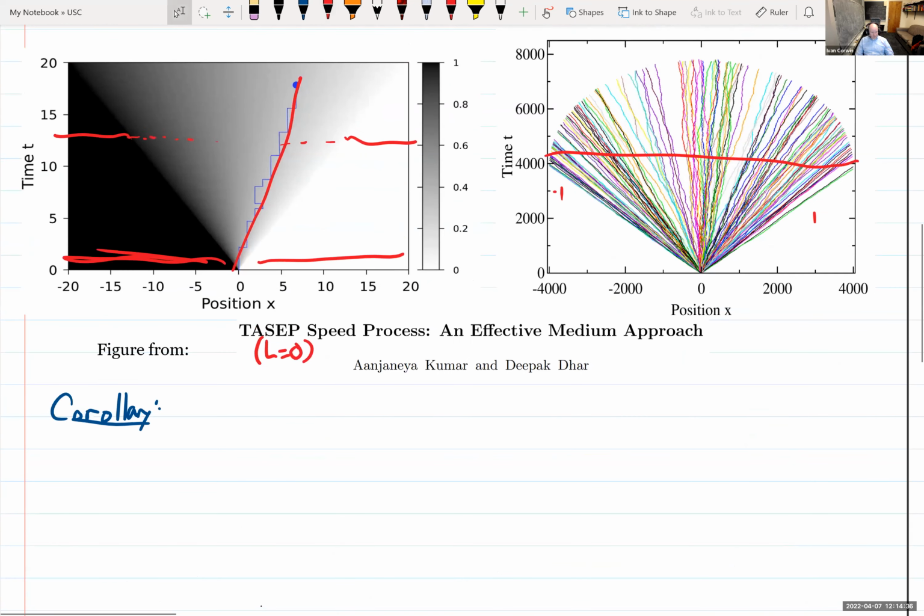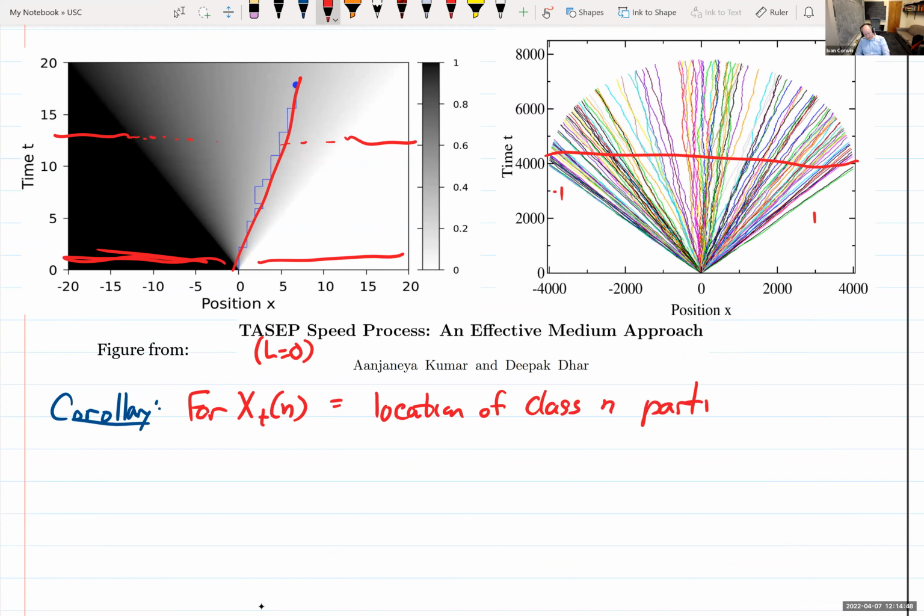So the corollary is the following. For x_t^n representing the location of the class n particle in the configuration I described, I look at the limit as t goes to infinity of x_t^n over t.